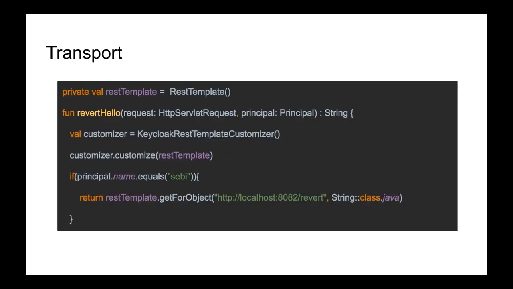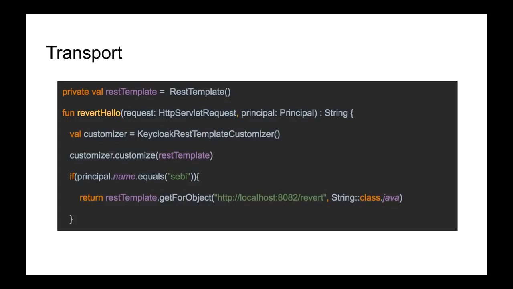Okay. And the last example, which makes two technologies here. Here it's a snippet from a Spring Boot application written in Kotlin. And here you can see with Spring Boot, we provide some nice features, something that is called the Keycloak REST template customizer.